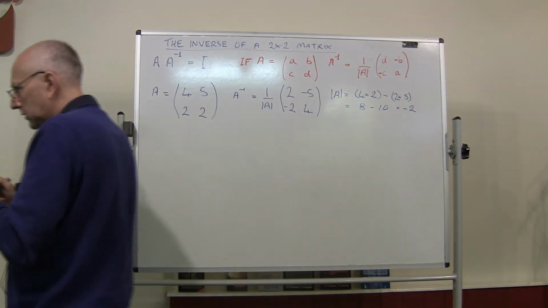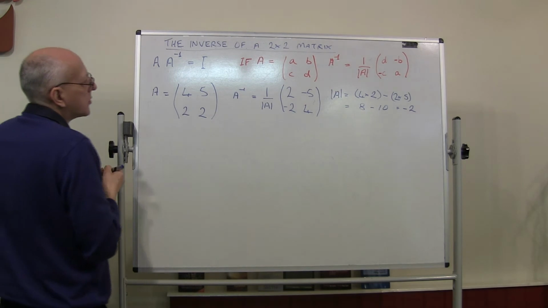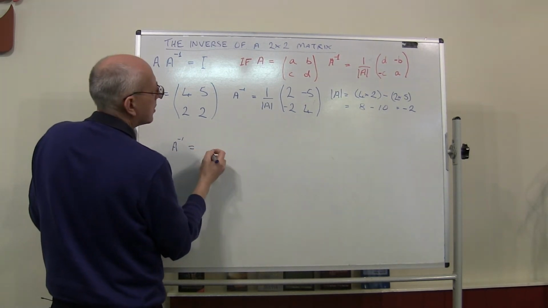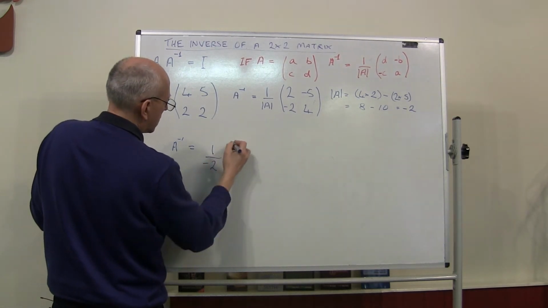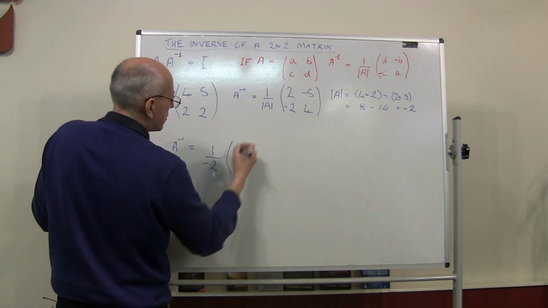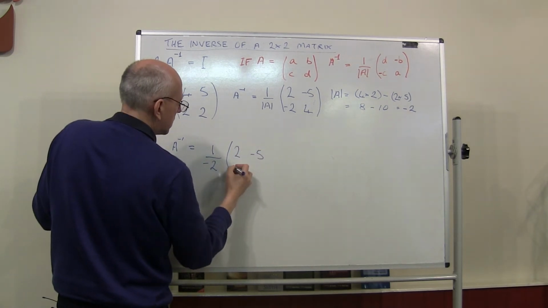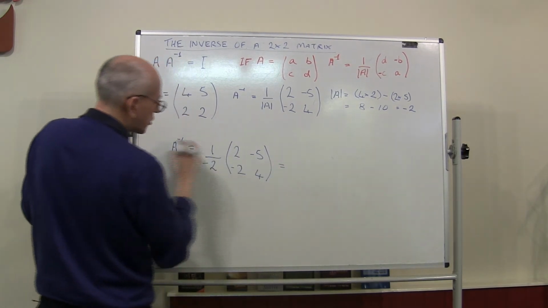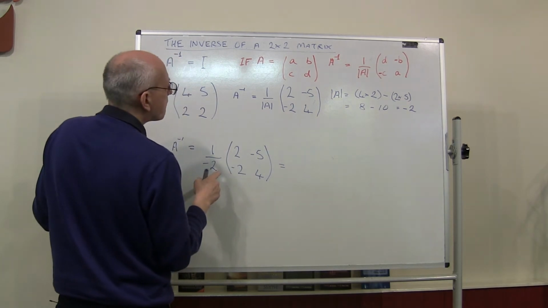Okay? So my inverse of A is 1 over minus 2 times 2, minus 5, minus 2, 4, which if I multiply in my scalar, I'm going to get, let's double check that right, yeah.